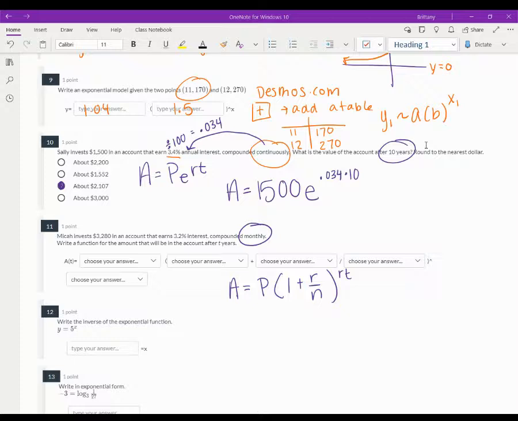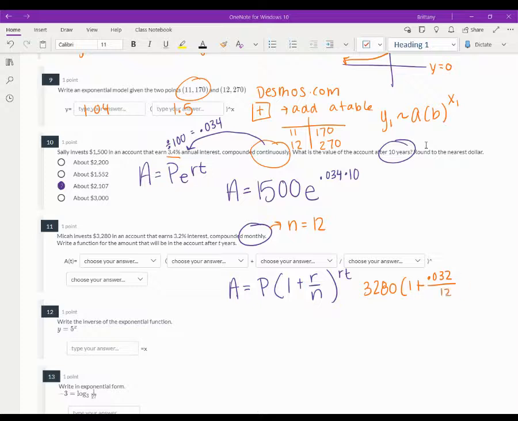And for this specific example, we get 3,280 times 1 plus 0.032. And if I'm compounding monthly, what is my n? How many times does monthly occur per year? 12. Very good. There's 12 months in a year.